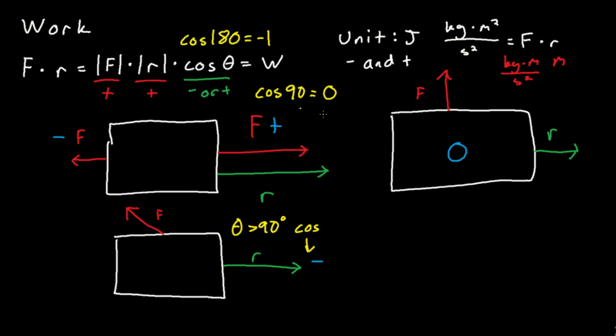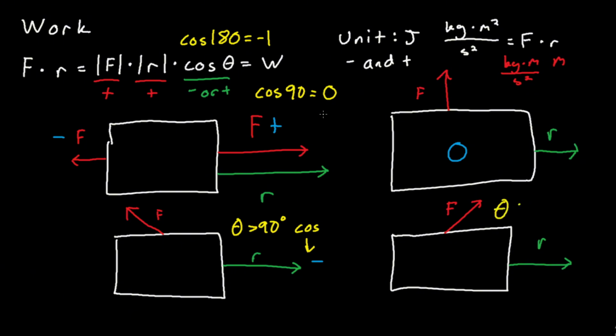And as long as theta, right? Let's draw another box. Maybe I should draw the force and displacement vectors first. This is straight to the right, and the force is at an acute angle with the displacement vector. As long as theta is less than 90 degrees, then your cosine value will be positive.